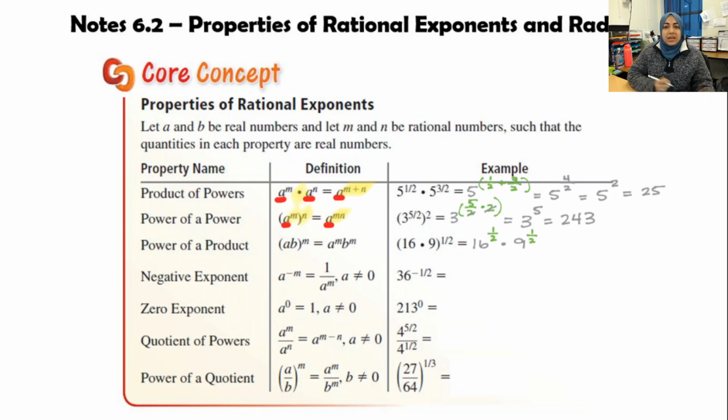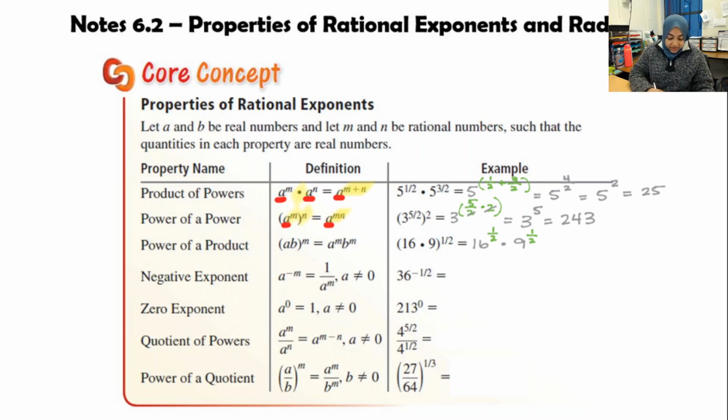Now you might be thinking, yeah, but the base isn't the same. Well, that's because it's a whole different rule, right? It's 16 times 9, both raised to the 1/2. So I can do those separately like that, which is different from this right here, where they've already been separated like that.